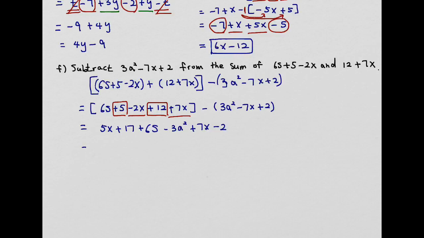And when you combine the like terms from all this, it looks like I will have positive 5x, positive 7x, and then positive 17 and negative 2 as the like terms. That gives you 12x plus 15, and then the terms that didn't have like terms, just copy them down.